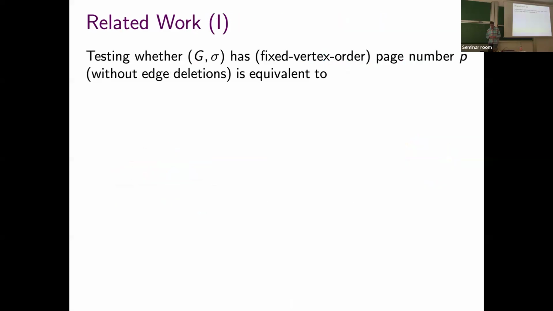Okay. A little more related work. What's known about this area so far? So using this conflict graph, how can we express testing whether a given ordered graph has fixed vertex order page number p? How would we express it?